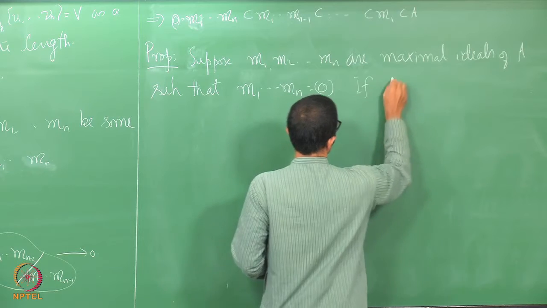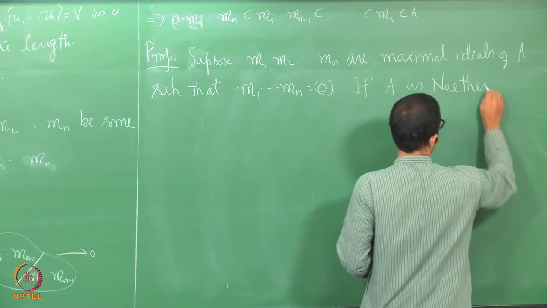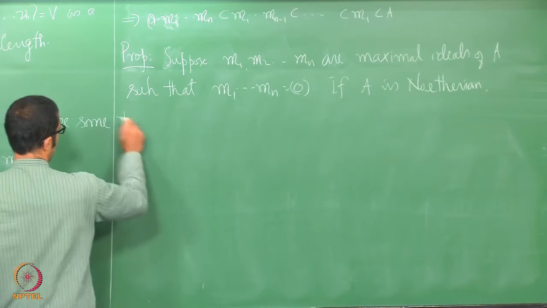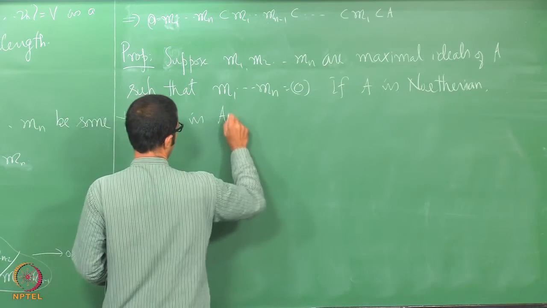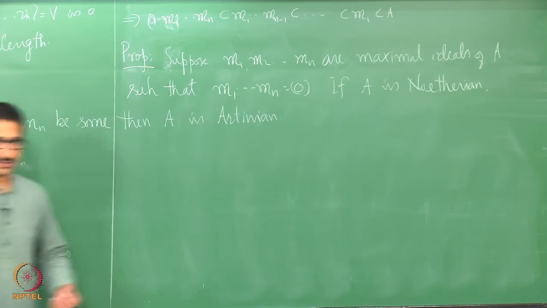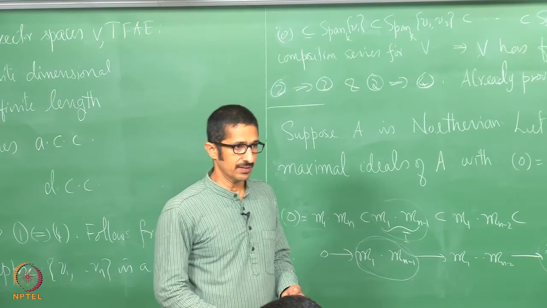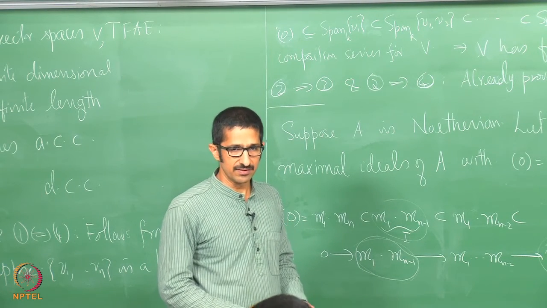If A is Noetherian, then A is Artinian. Okay. It satisfies the descending chain condition.